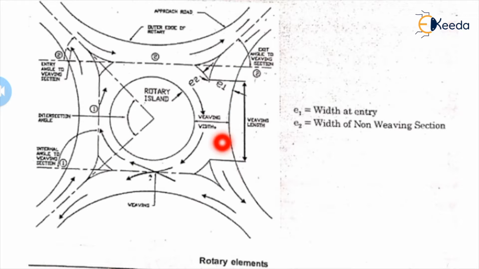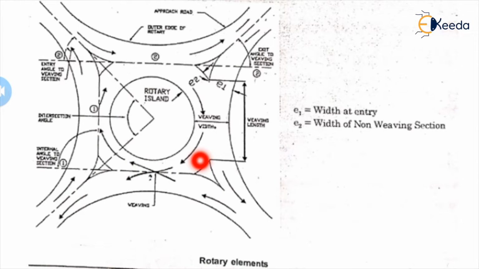Then the two components which I will cover: the first one is weaving width. Weaving means if this is a vehicle, then this vehicle has to move around the rotary, and there is another vehicle coming from this direction, which has to go around the rotary or towards this direction.